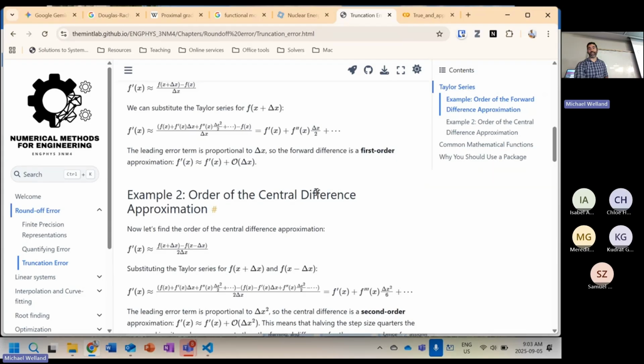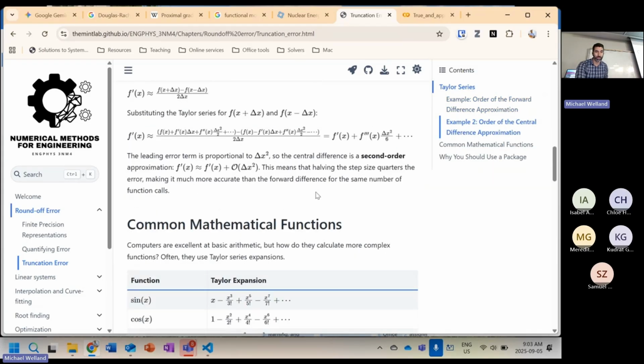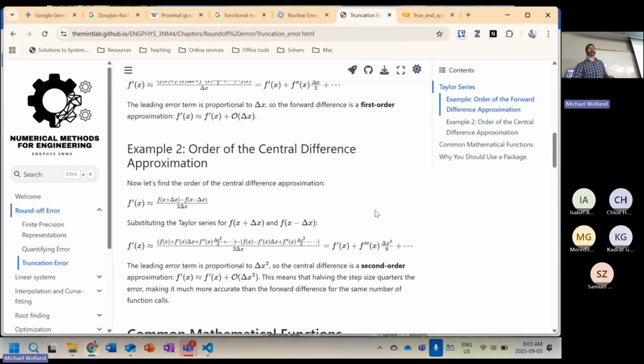Which is kind of funny, and I think I should probably show this on the board. Yeah, hold on a second. I hate doing live demos. Live demos never work. Here we go. So we already showed f primed at x was approximately equal to, what was it? f at x plus delta x, this is forward difference, right?